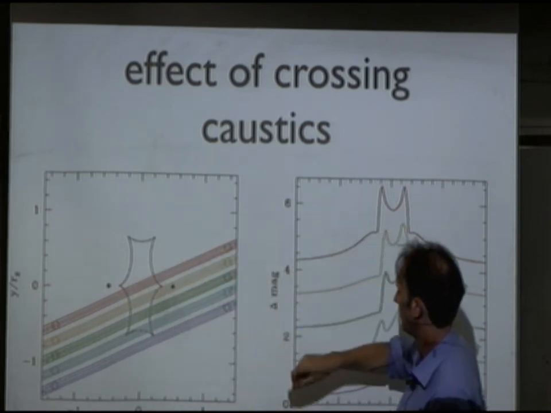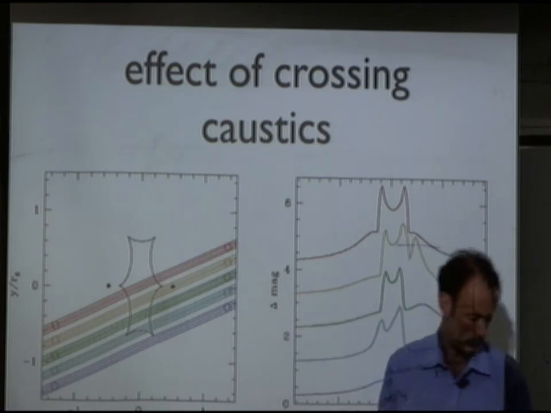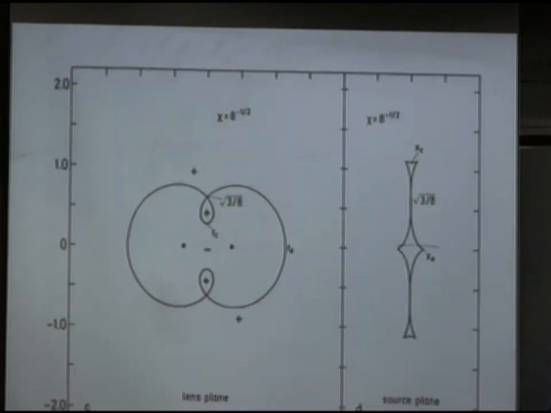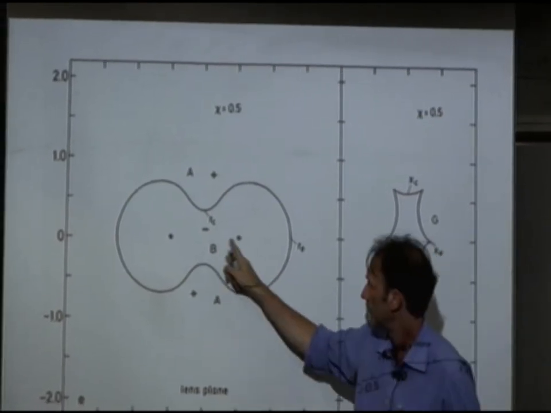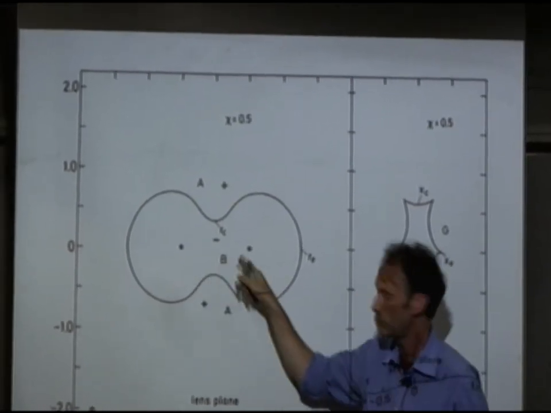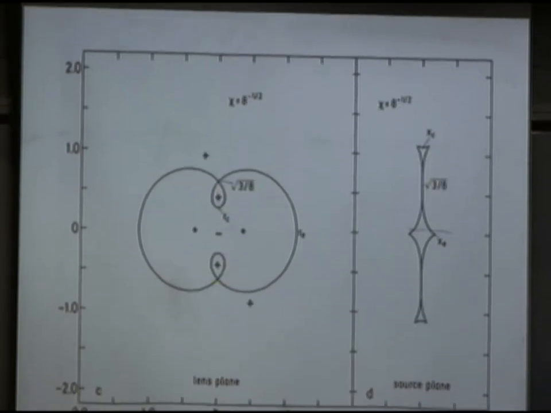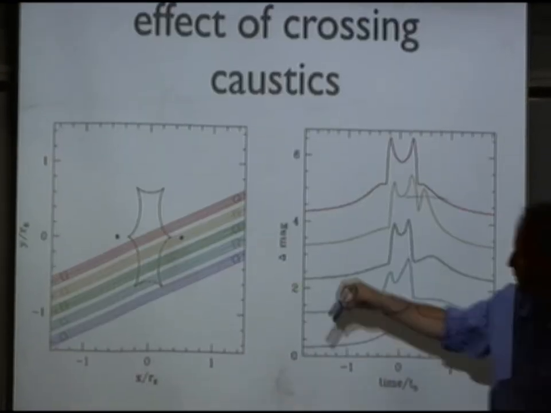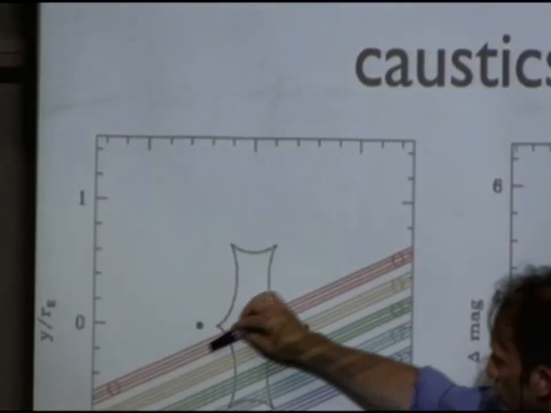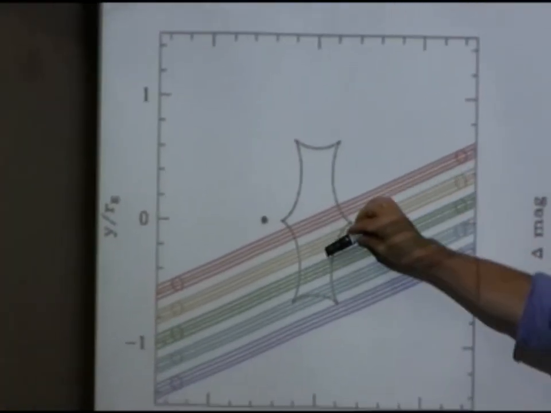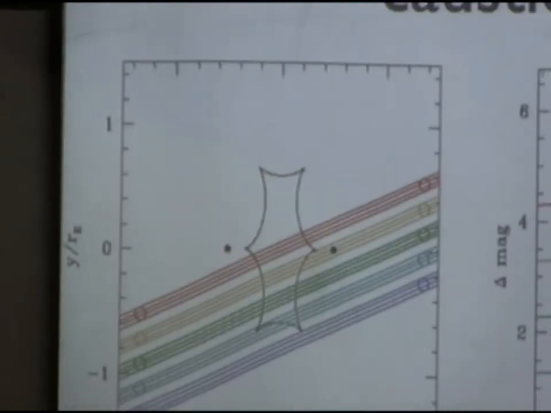So here, for example, is a calculation where we've taken the caustics from this case here, where the separation is exactly 1 Einstein radius, from here to here, plus or minus a half. And we've calculated what happens to the brightness of a star that tracks through the source plane along various paths. There are 5 cases in 5 different colors.